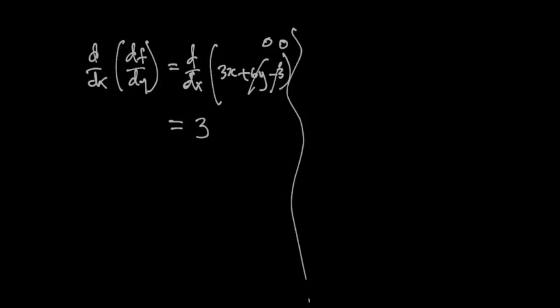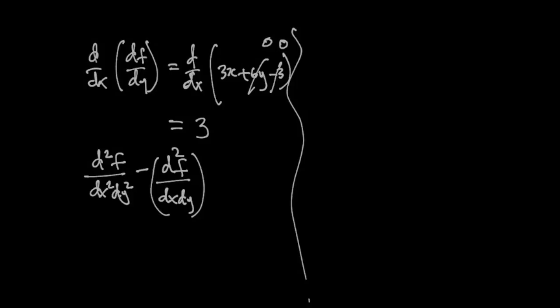Now putting it together, that is d squared f over dx squared times d squared f over dy squared, minus d squared f over dx dy, all squared.